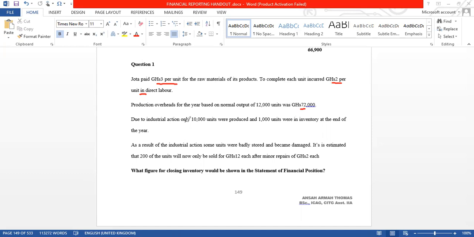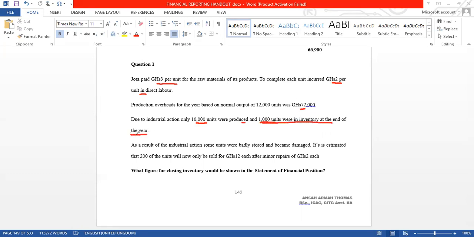Then due to industrial action, only 10,000 of the products were produced, and 1,000 are still in inventory. So our concern will be majorly on this, which is closing stock.